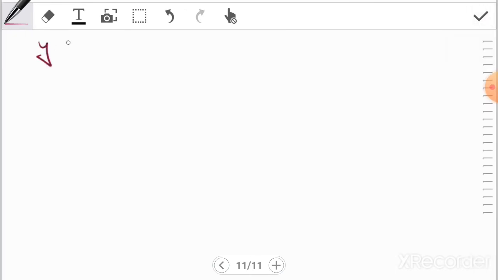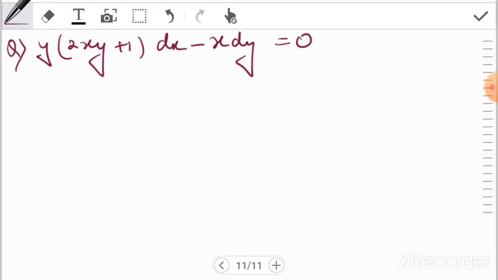Say we have y(2xy plus 1) dx minus x dy is equal to 0. Now 2xy square dx plus y dx minus x dy is equal to 0.